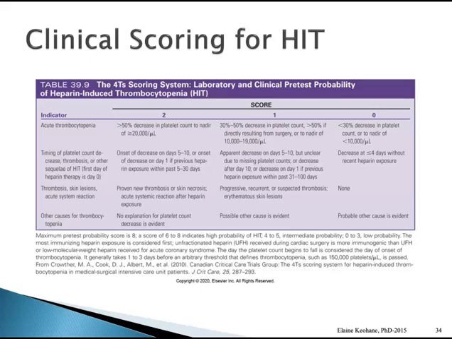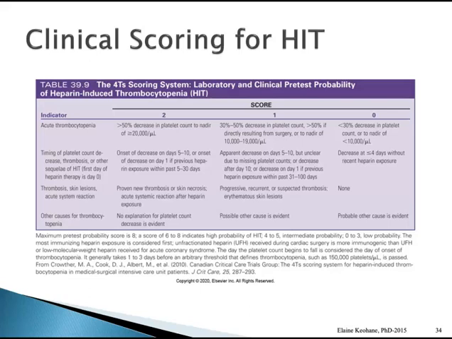Keep in mind that HIT-related thrombocytopenia is one in which you would see a 30 to 50% drop in the platelet count from the pre-heparin levels, okay? So although patients with HIT can experience bleeding, the major risk here is thrombosis with thrombocytopenia, okay?